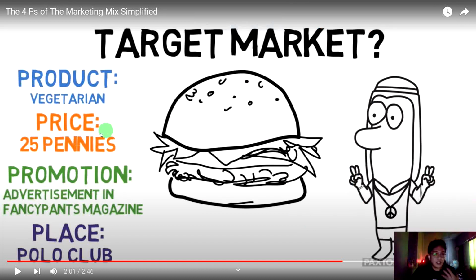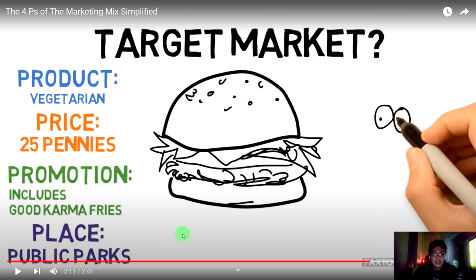You will sell a vegetarian product, which is, I think, hipsters are more on the vegetarian side. 25 pennies kasi mas mura, hindi siya $25. Promotion mo is hindi na sa Fancy Pants Magazine. Again, promotion is how you get the word out, no? Paano mo hihikayatin na bumili ang mga tao?